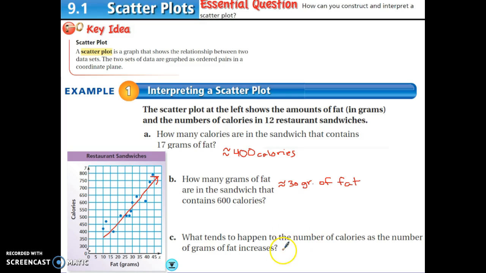So the number of calories increases. This is what we call a positive relationship. As the fat increases, so do the calories. They both go up.